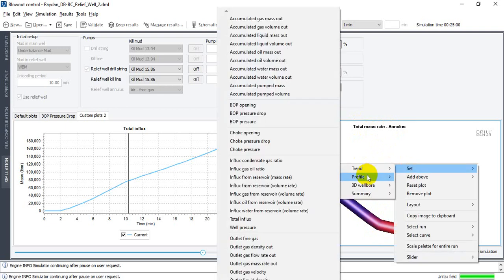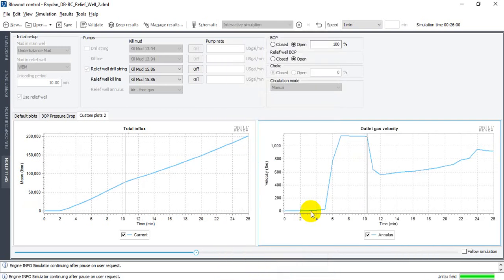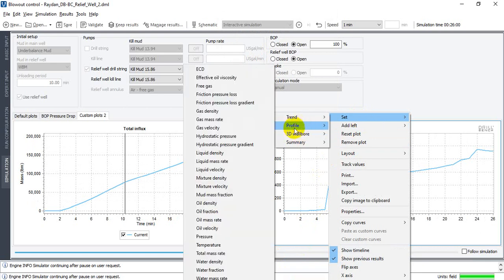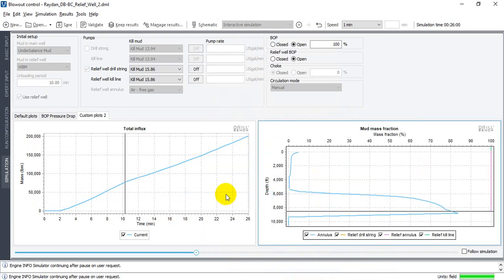Also we can set inside this: outlet gas velocity, set profile, mud mass fraction.